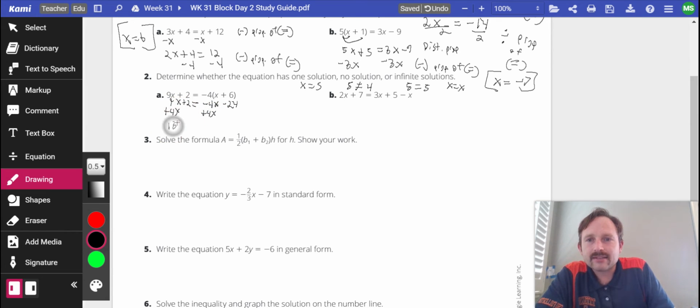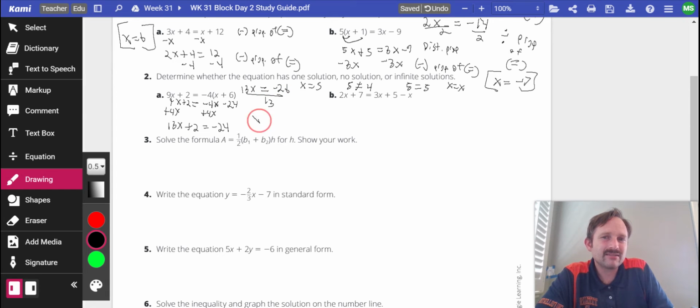And I get 13x plus 2 is equal to negative 24. If I subtract by 2 on both sides, I'll get 13x equals negative 26. If I divide by 13, x equals negative 2. All right, so this would be an example of one solution. What's the solution? Negative 2. X equals negative 2.